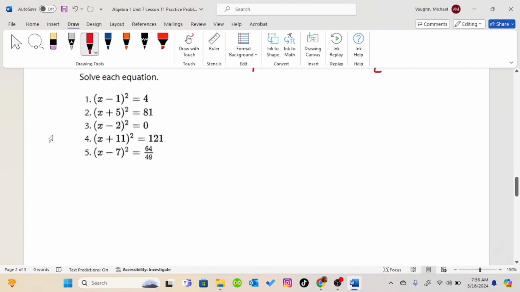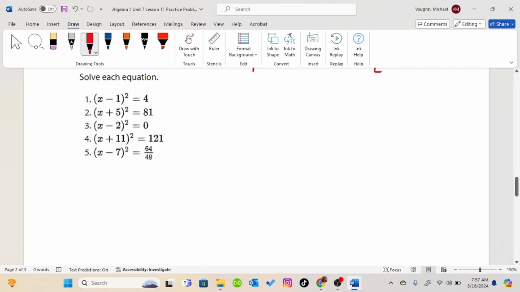So bottom of page 2, they want us to solve each equation. And what I want you to notice is that in every one of these equations, the left side is a perfect square, and the right side is also a perfect square.